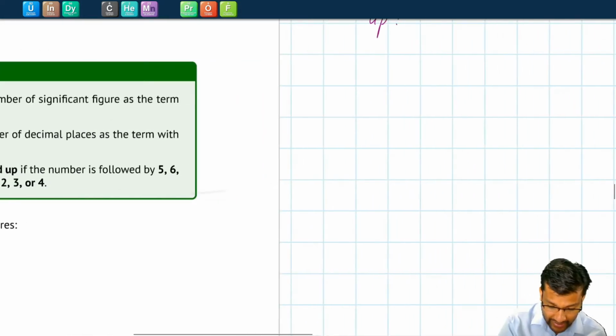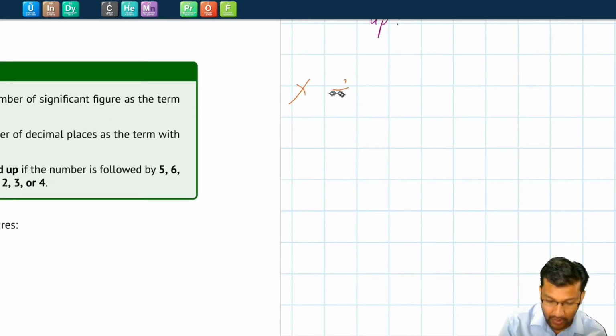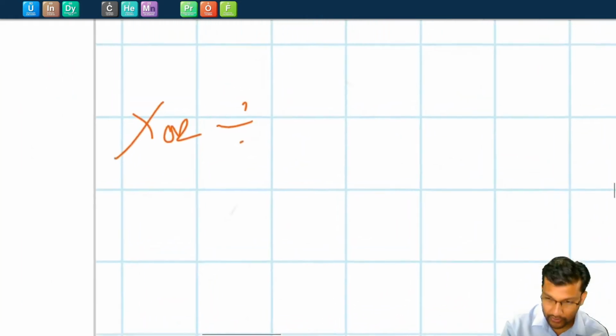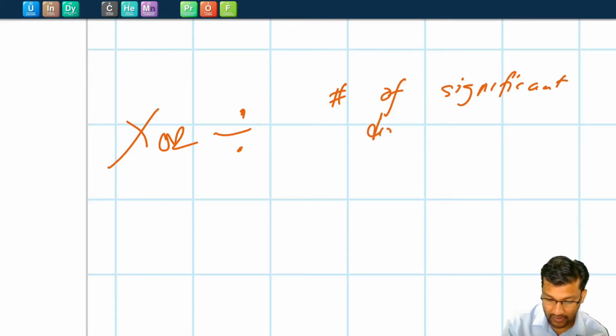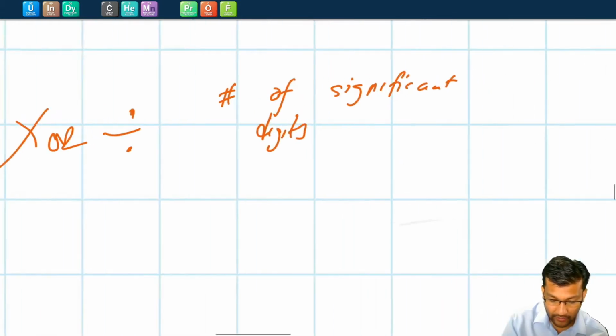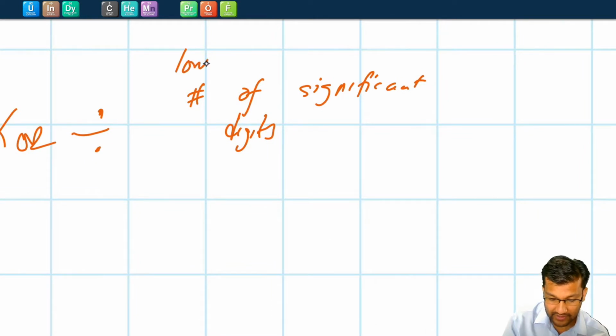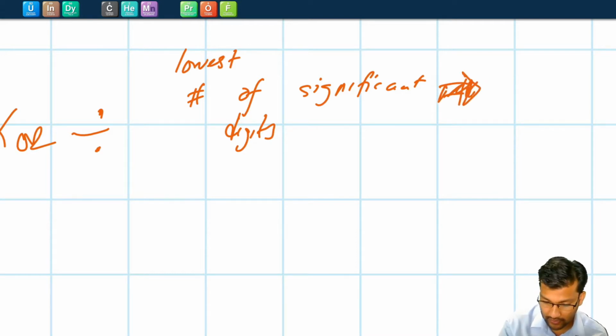If you're multiplying or dividing two numbers, then all we need to do is look at the number of significant digits. And we look at the lowest number of significant digits, and our answer should have the lowest number of significant digits between our two numbers.